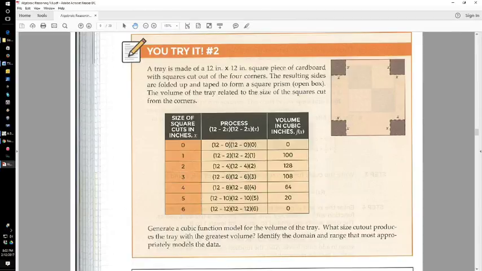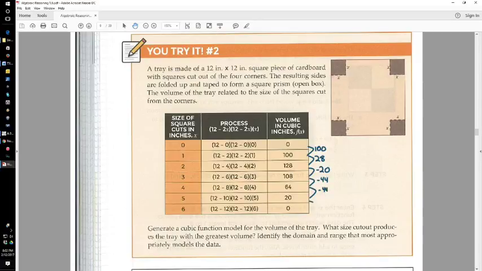Okay, let's work through this. I'm going to start off by just finding the differences. 100 minus 0 is 100. 28 minus 100 is negative 72. 108 minus 128 is negative 20. 64 minus 108 is negative 44. 20 minus 64 is also negative 44.